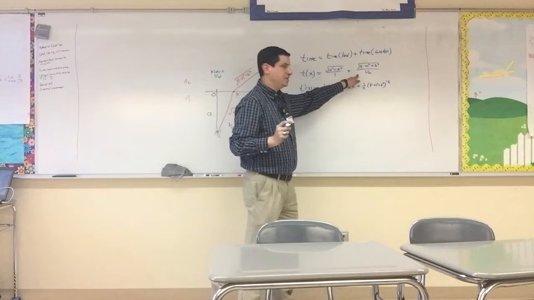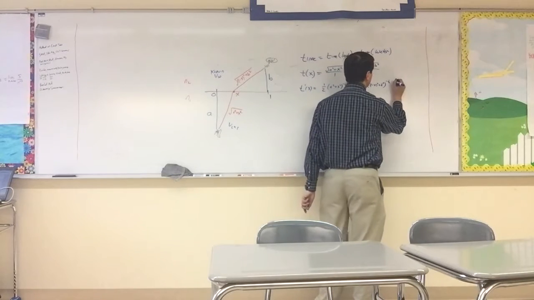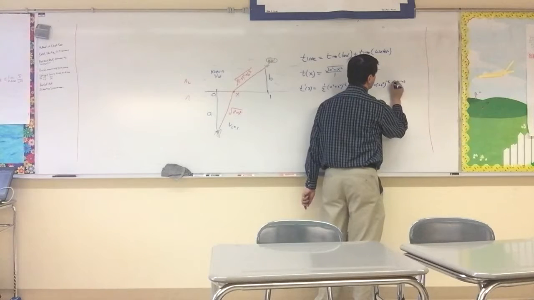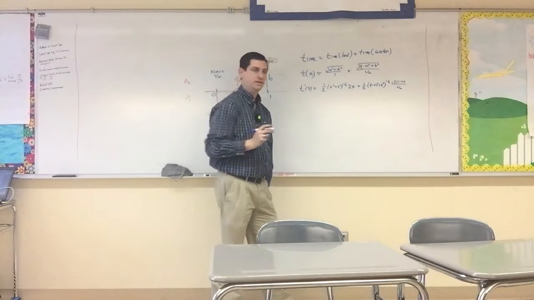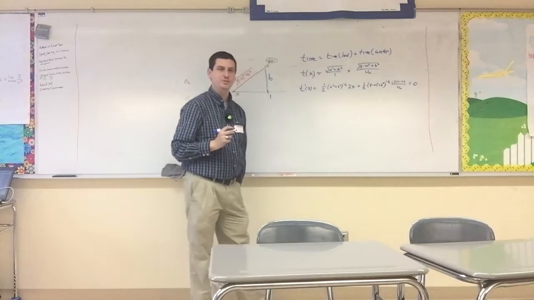Now we take the derivative of the inside here, so we'll get negative 2 times (1 minus x), over VW. And that should equal 0 for our candidate point.